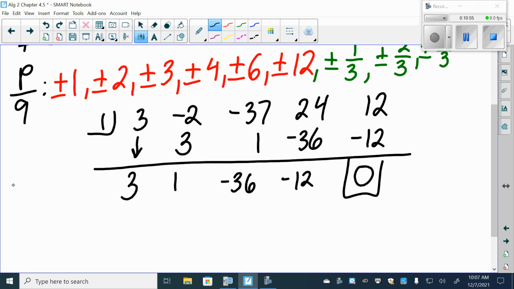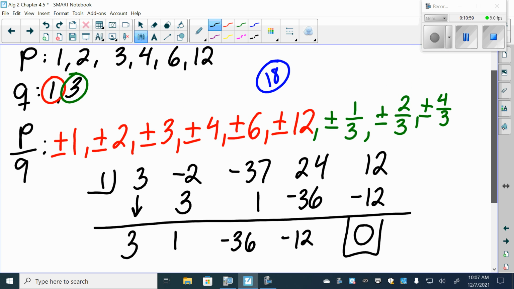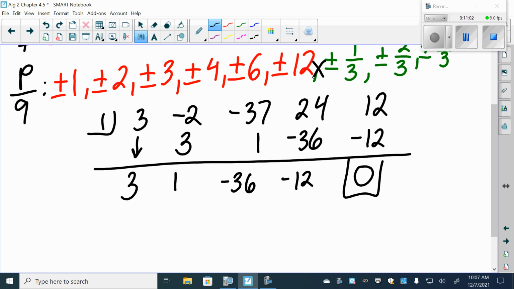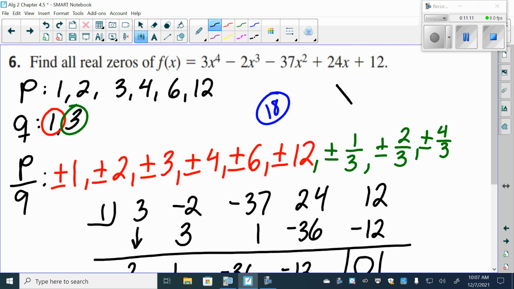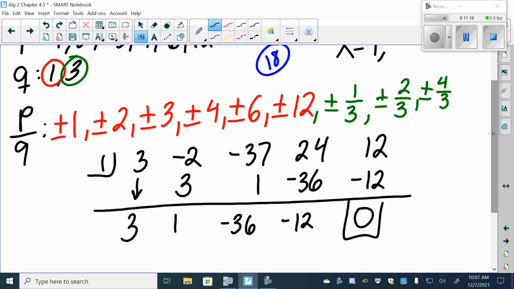Let's throw you over here. So we do know one of the solutions for this is x is equal to 1. Now we need 3 more, yes? Will 1, 2, 3, 4, 6, or 12 be a solution? No, because we do have that 1 did work.